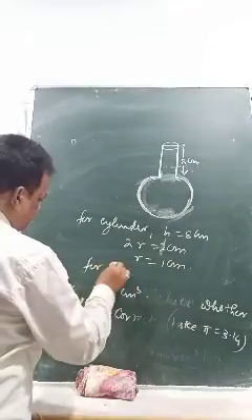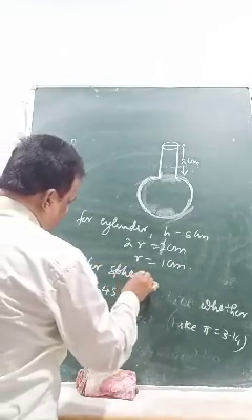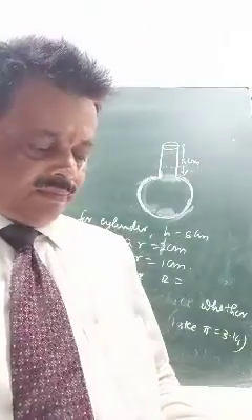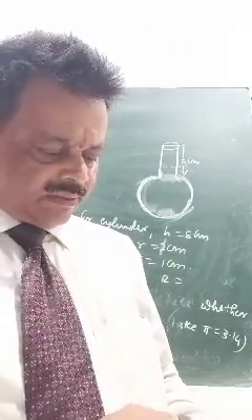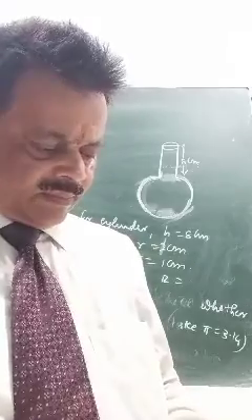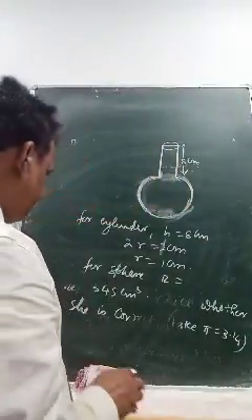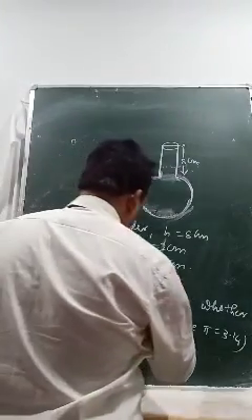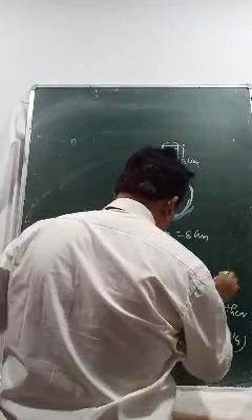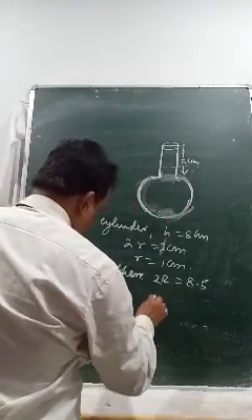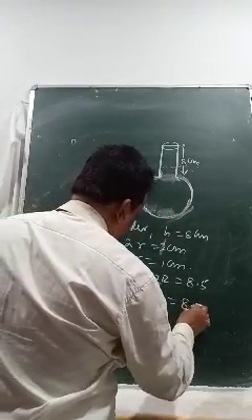And for the sphere, the diameter is given as 8.5, so 2r equals 8.5 and r equals 8.5 by 2.